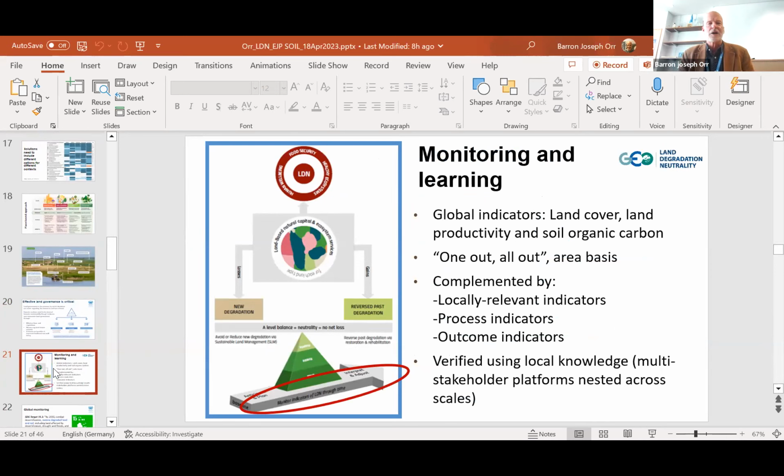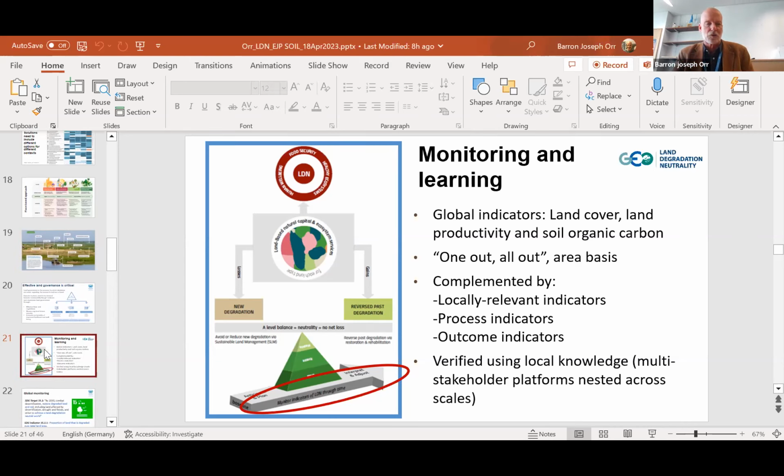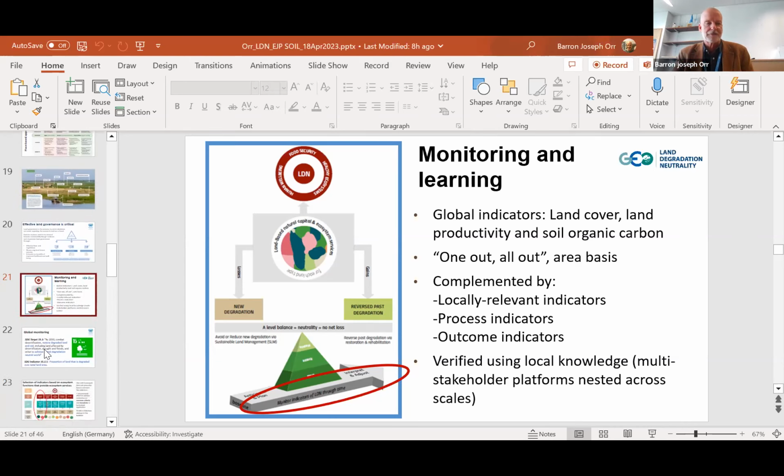It's not about who's doing better than who. It's not about a punitive response if something fails. It's about more information when it's available to make course corrections so we can actually achieve the goal of land degradation neutrality by 2030 or better.